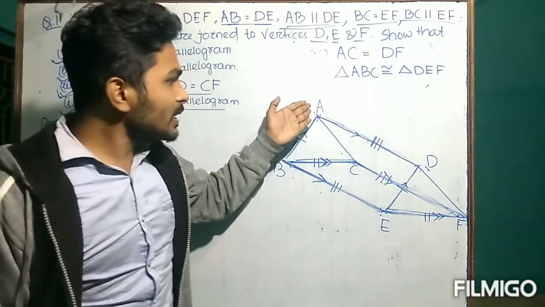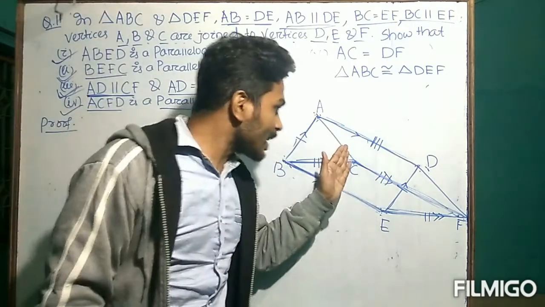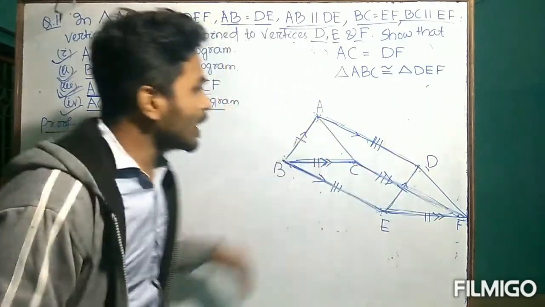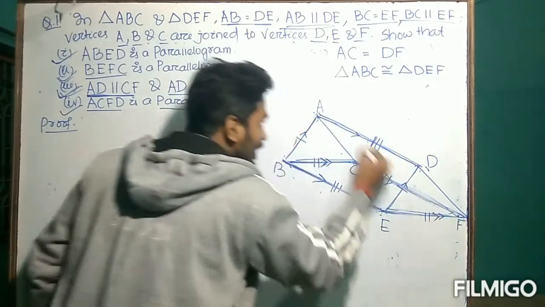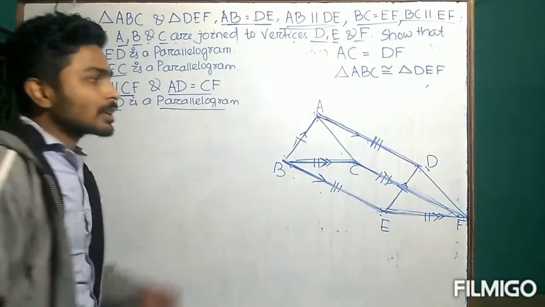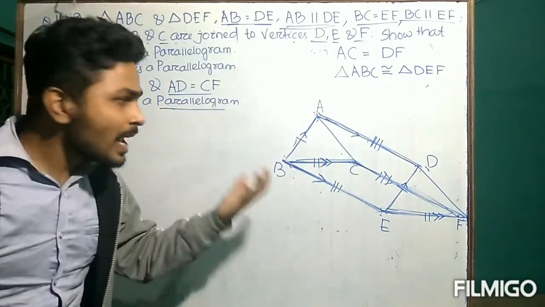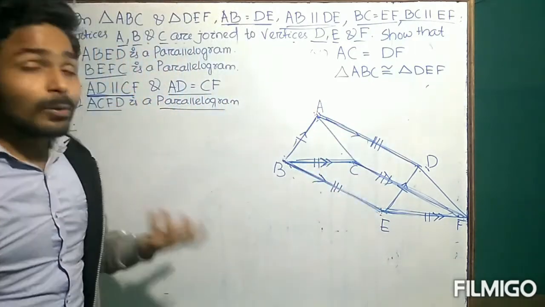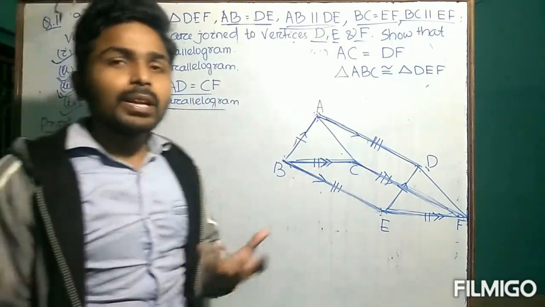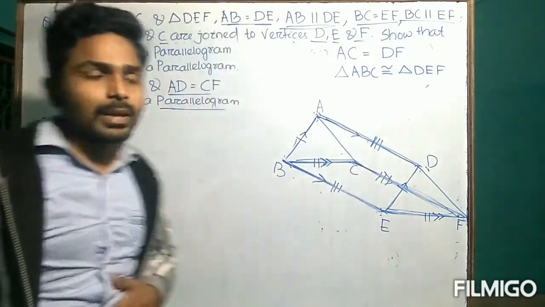So if we consider the ACFD quadrilateral, then in this quadrilateral we have already proved that this side is parallel to this side and this side is equal to this side. So a pair of opposite sides are equal as well as parallel in this quadrilateral, right? Then what will happen? We know if in a quadrilateral any pair of opposite sides are equal and parallel, then it will be a parallelogram.